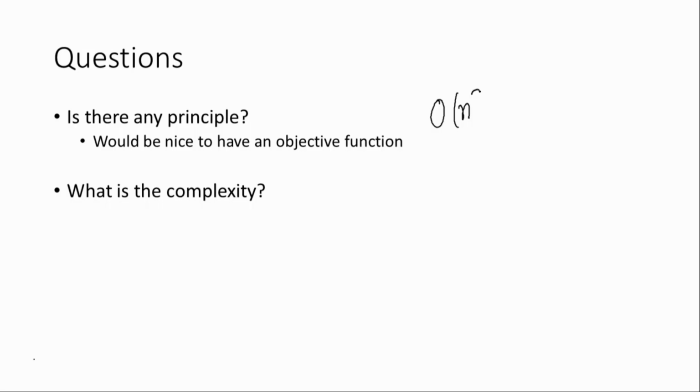For each merge, what do you need to do? Find the closest pair. You have to select which pair to merge. How long does that take? It takes order n square, because there are n square pairs.